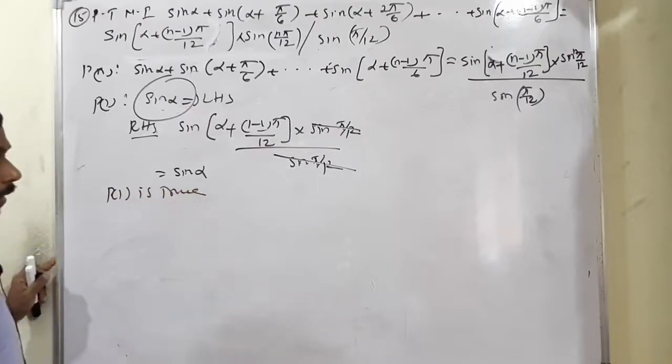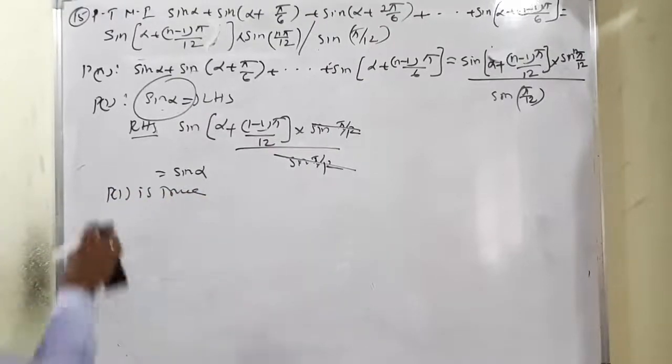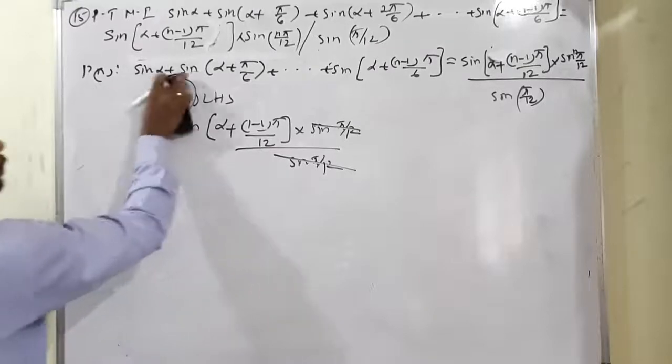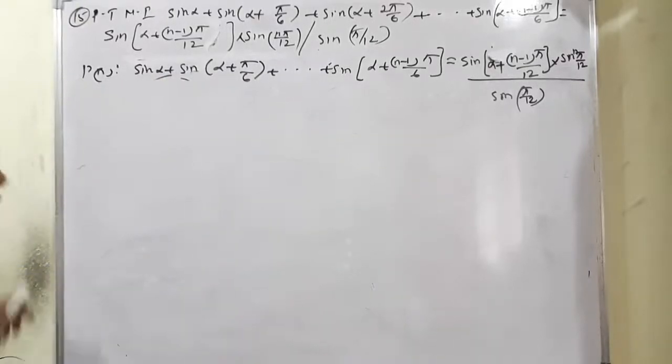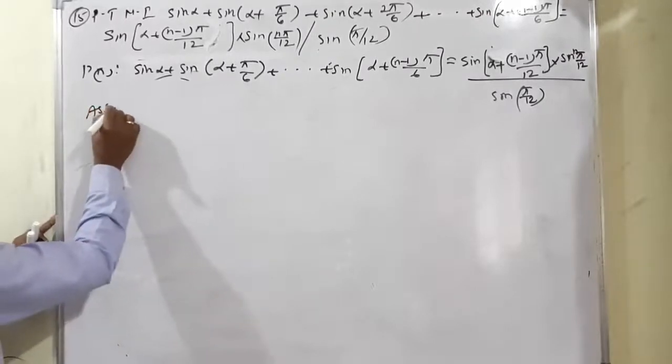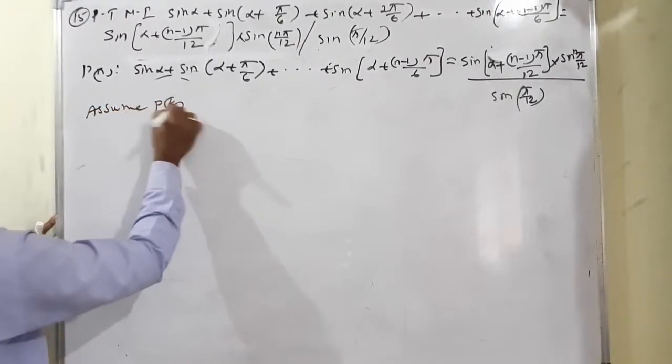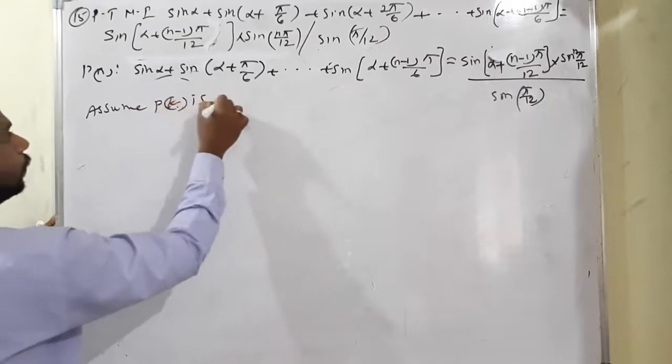First condition is clear. Then assume P of k is true.